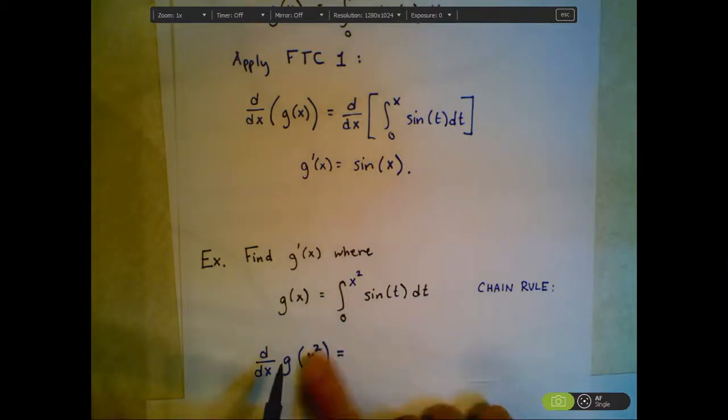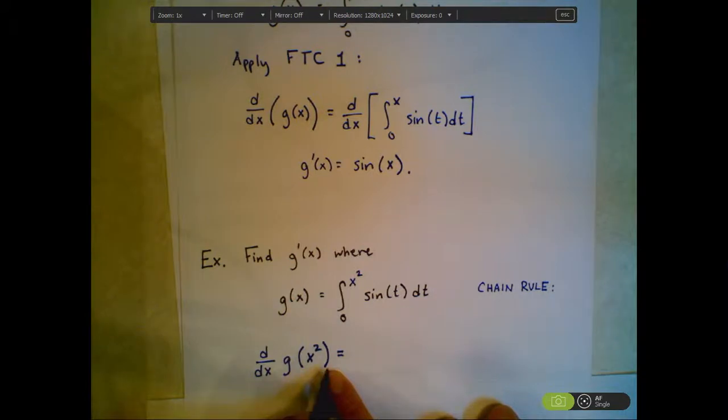So if I want to take the derivative of g of x squared, I'm going to have to apply chain rule. This is a composition of functions. And recall from derivative calculus, that's going to be the derivative of the outside function times the derivative of the inside function. In this case, the derivative of the inside function is the derivative of x squared. So let's break that into pieces a little more slowly.